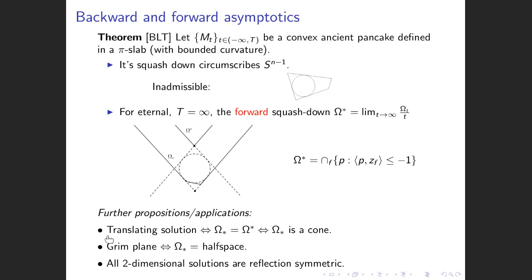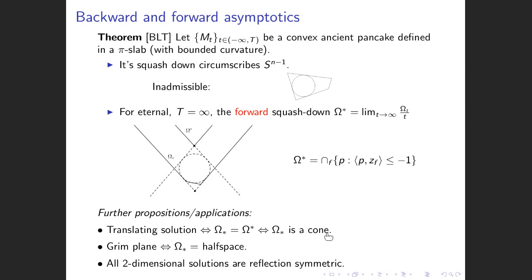Now this is nice because it gives some very interesting applications. For example, we can say that the solution is a translating solution if and only if the forward and the backward squash down agree, which is also equivalent to saying that the backward squash down is a cone.